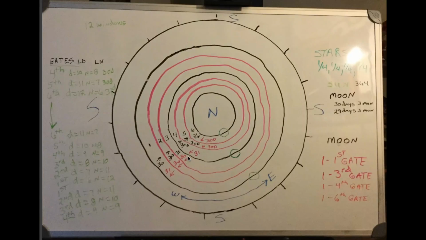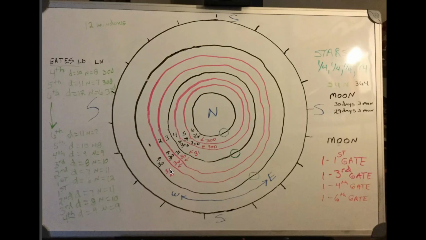Then it goes from gate 4 through gate 3, which takes 30 days. From gate 3 to gate 2, it stays 30 days. Then it goes through gate 1, and again it stays here for an extra day. There's 4 times of the year when it circles in the same location for 2 days.